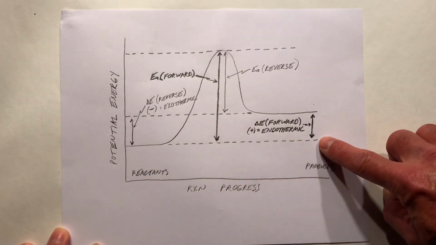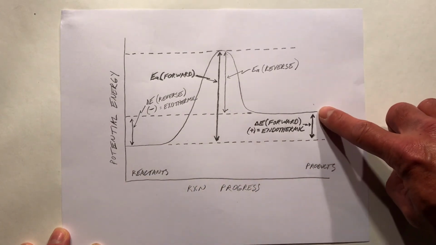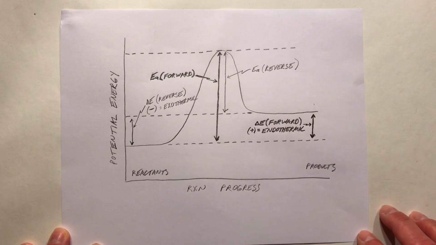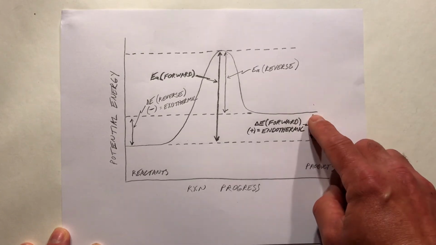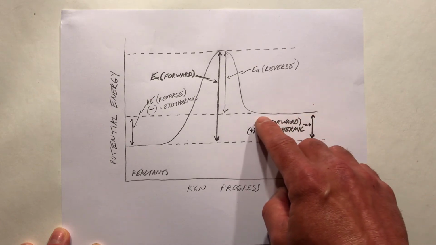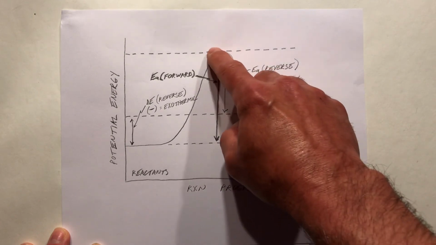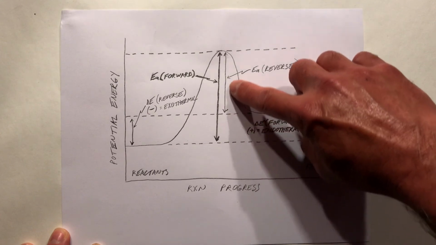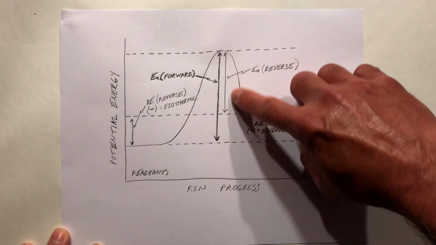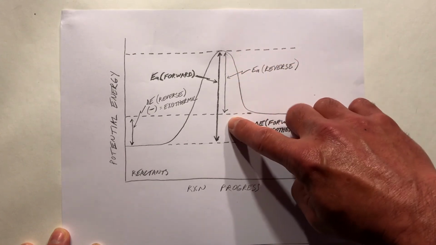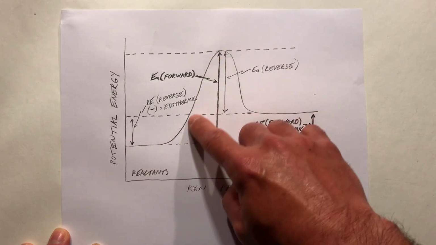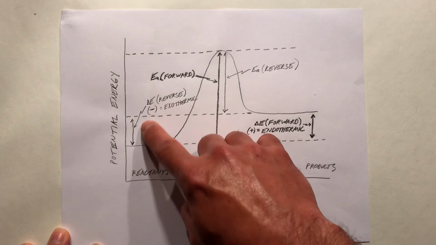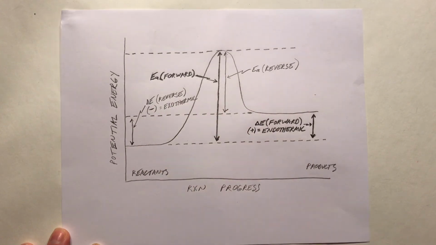So we would have to overall put energy into the chemicals. Now let's say that we start here and move backwards. The activation energy for the reverse reaction would be this amount of energy. And as the reaction progresses and turns into these chemicals, we would see that the delta E would be negative. It would be exothermic.